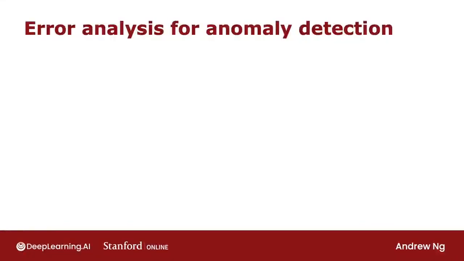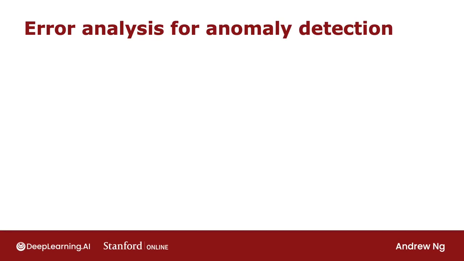Other than making sure that your data is approximately Gaussian, after you've trained your anomaly detection algorithm, if it doesn't work that well on your cross-validation set, you can also carry out an error analysis process for anomaly detection. In other words, you can look at where the algorithm is not yet doing well, where it's making errors, and then use that to come up with improvements.